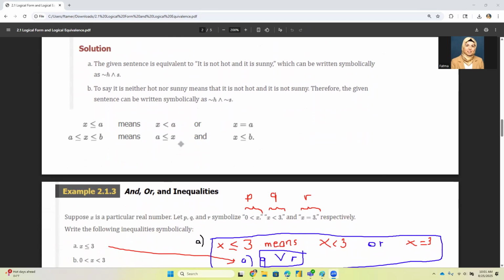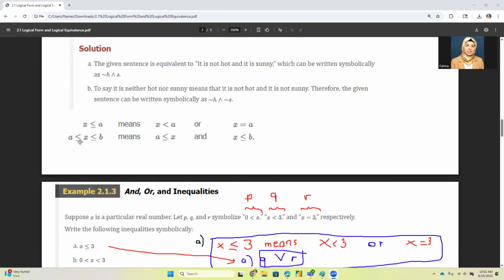We also have to know how to change these inequalities to logic statements. We have to know the meaning of these two inequalities. X is less than or equal to A means X is less than A or X is equal to A. So when we have less than or equal to, we're going to use the keyword or.